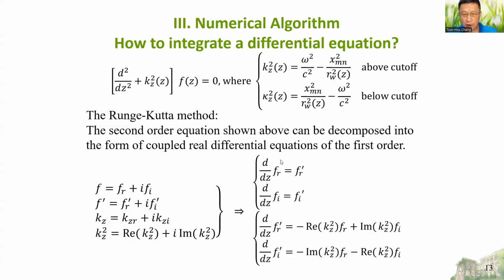For f, differentiating with respect to z, we get this one. And for the other one, we get this one. This equation is a complex equation. A complex equation can be decomposed and rewritten into coupled equations, real part and imaginary part. Much easier to deal with.